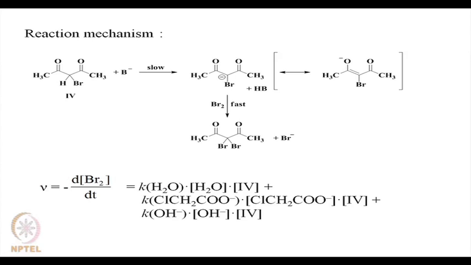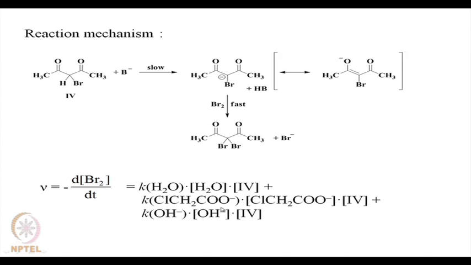disappearance of Br2 has a contribution from water, a contribution from OH minus, and also a contribution from this one. Since it is general base catalysis, this base is also effective over here.